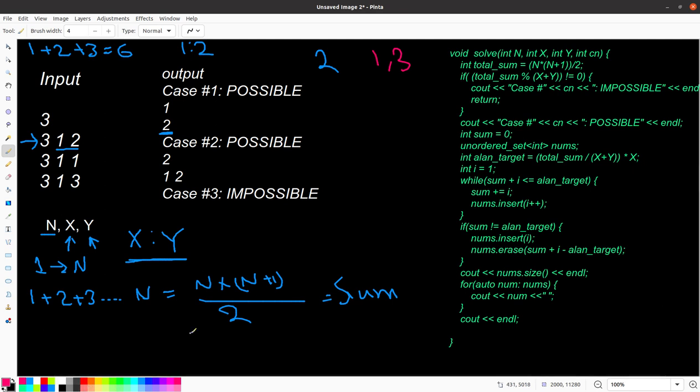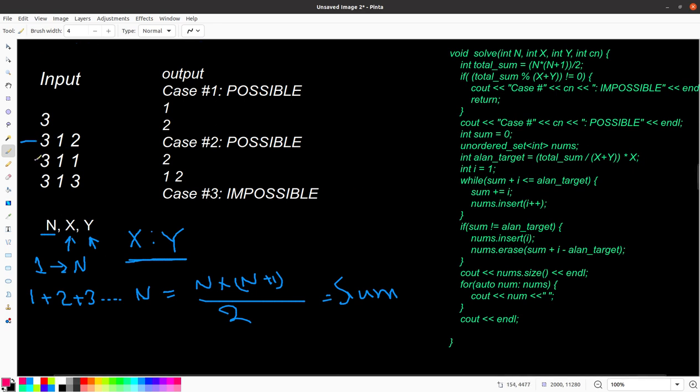So the summation for the first person is 2, for the second person is 4, and the ratio will be 2 to 4, which is 1 to 2, and this is what we need here. So it's possible to find the ratio, and the number of integers for the first person is 1, and that integer is 2.